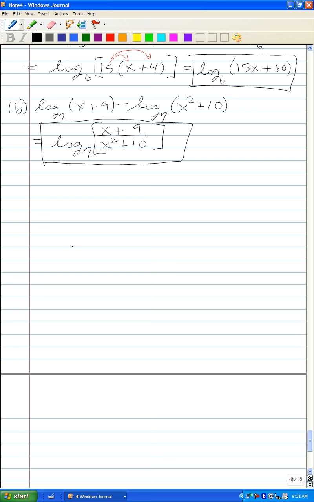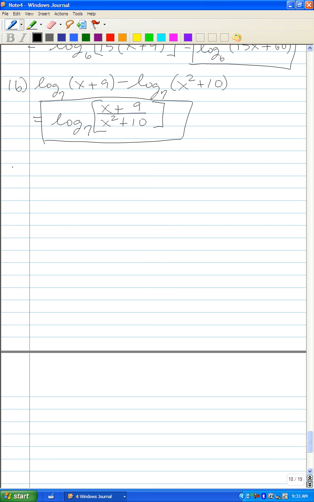Let me do problem number 32. Log base 8 of 5, log base 8 of 15, log base 8 of 20.